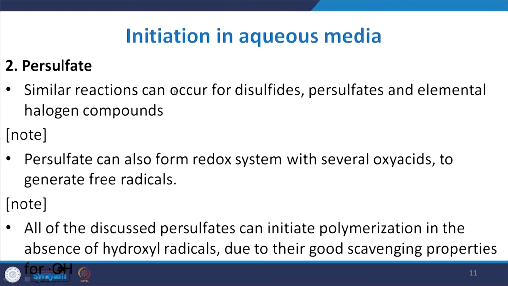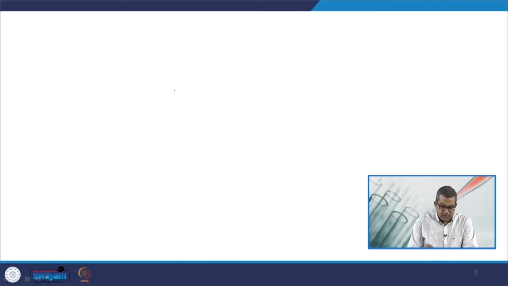So these persulfates can also form redox systems with several oxyacids to generate free radicals, and we discussed that persulfate can initiate the polymerization reaction in the absence of hydroxyl radicals due to their good scavenging properties. Let us give an example related to this concept, in continuation with the previous handout.